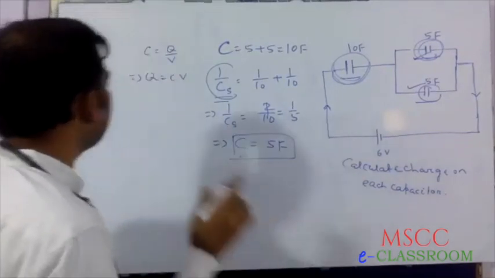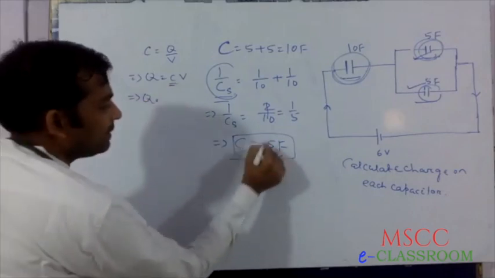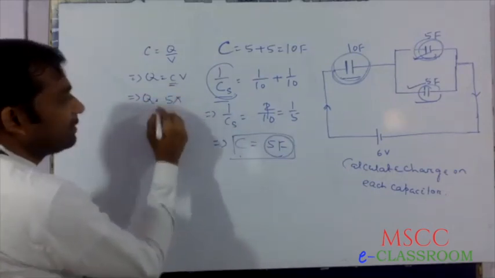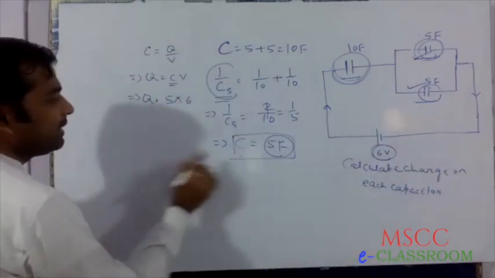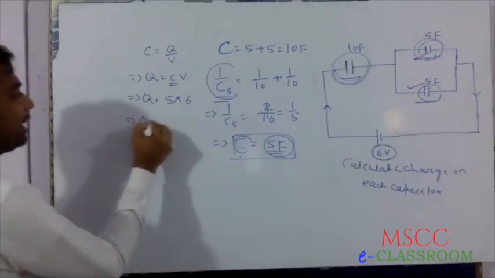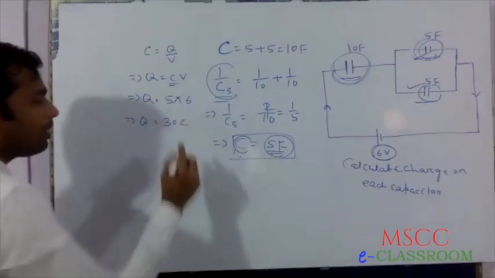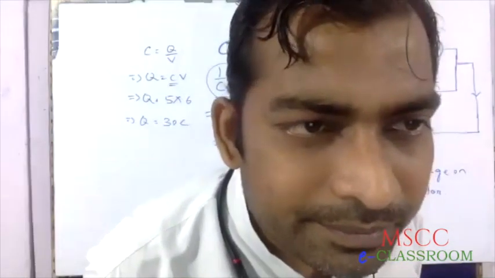Q equals C times V, where applied potential V is 6 and equivalent capacitance is 5. That is Q equals 30 coulomb.